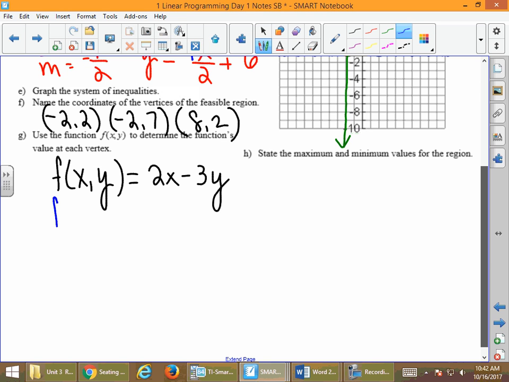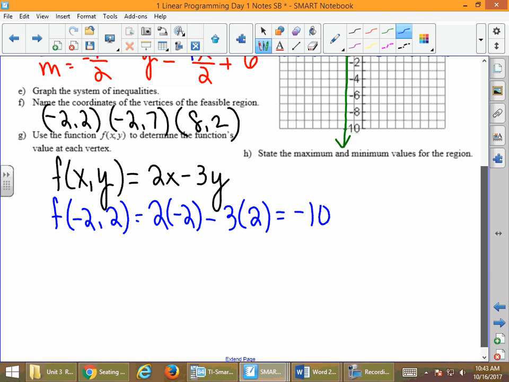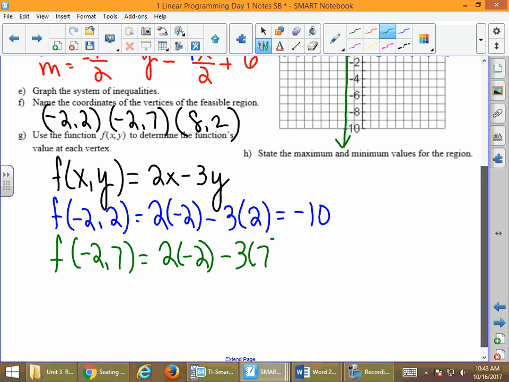So we have f of -2, 2, which equals 2 times -2 minus 3 times 2, which is -4 minus 6, which is -10. We have f of -2, 7, which is 2 times -2 minus 3 times 7. 2 times -2 is -4, minus 21 is -25.